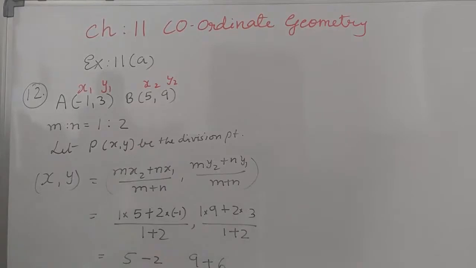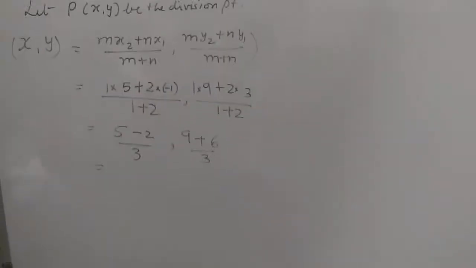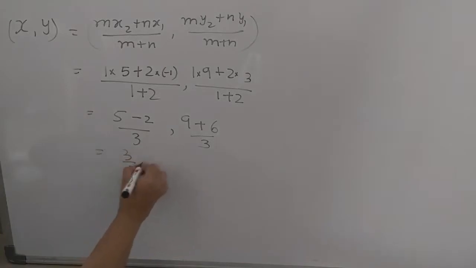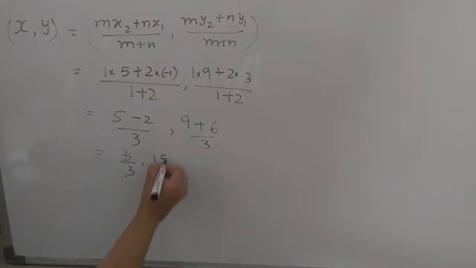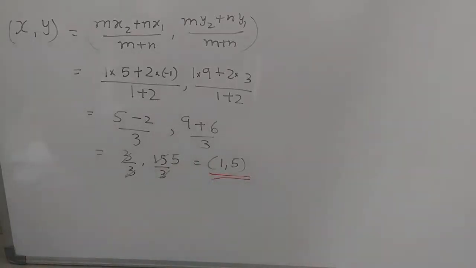So now 5 minus 2 is 3, and 3 divided by 3. 9 plus 6 is 15. So we write here 3 by 3, 15 by 3. So 3 gets cut, 3 fives are 15. It means here I get 1, 5, which is the point P, the division point of line segment AB. So our answer is 1, 5, the coordinates of point P.